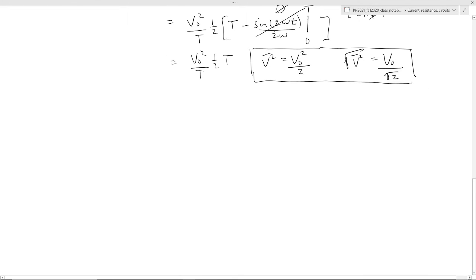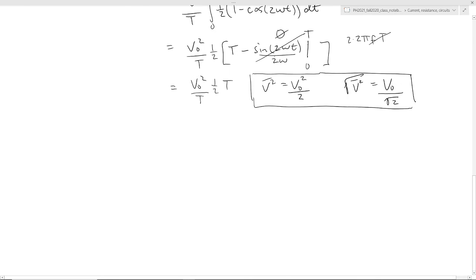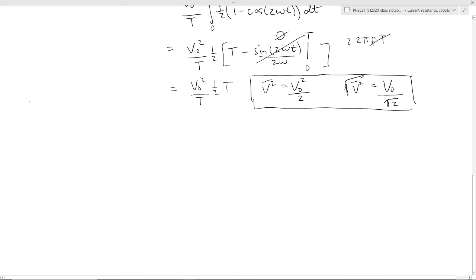And where this can be useful is, well, it's useful for a number of things, but let's connect back to our examples. So I told you that the voltage that's coming out of the wall is 120 volts. Well, that's the VRMS. And so this equals the max voltage over root 2.